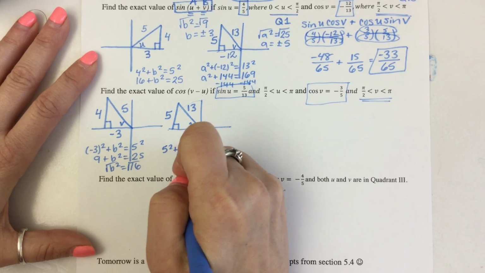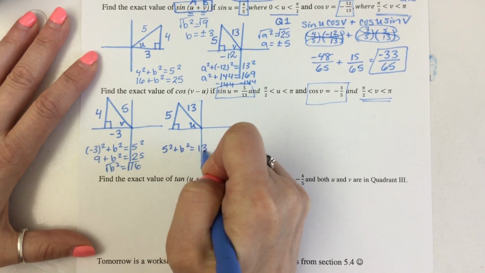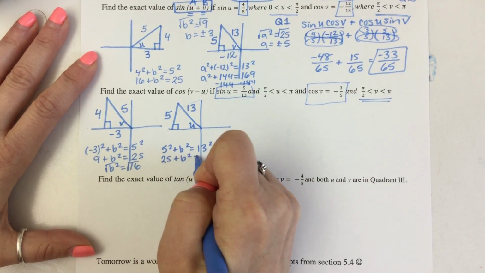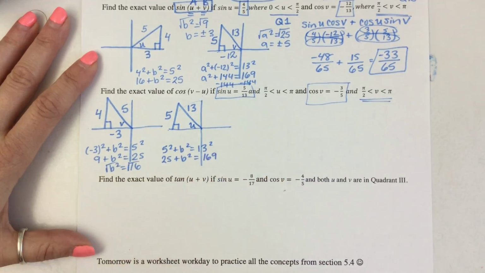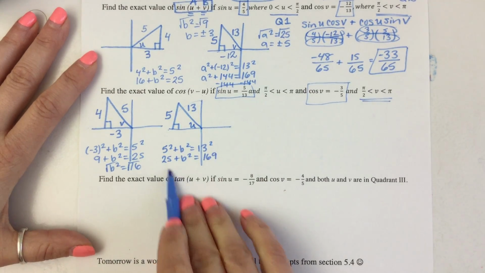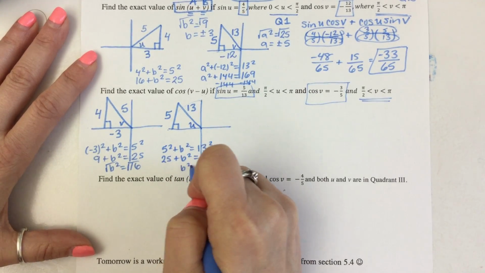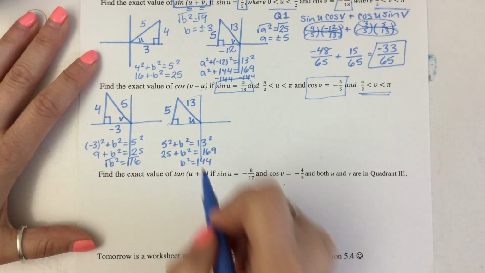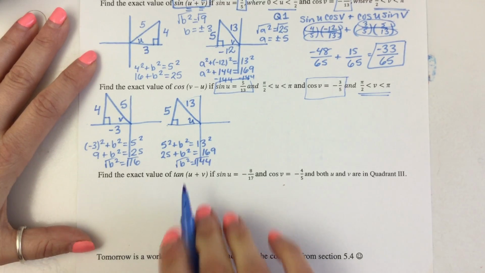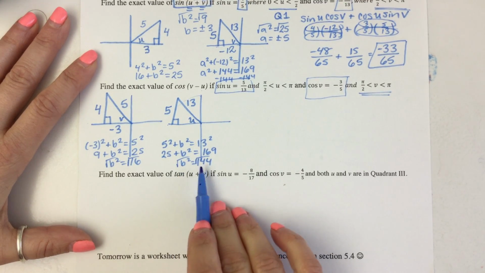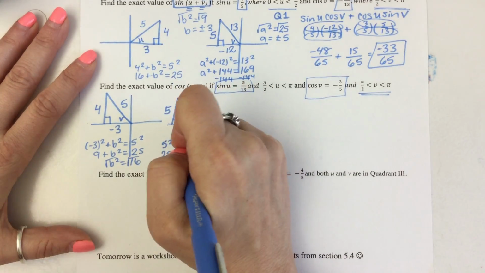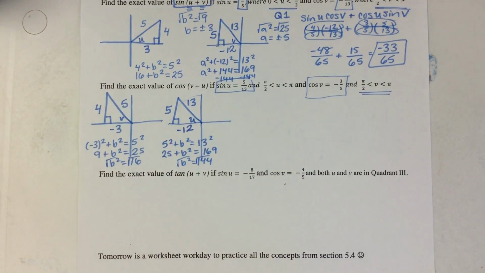So 5 squared plus we don't know squared equals 13 squared. 5 squared is 25 plus we don't know squared equals 169. If I minus 25, 169 minus 25 is 144. If I take the square root of each side, b could be a positive or a -12. Because I'm going to the left, the adjacent would be a -12.